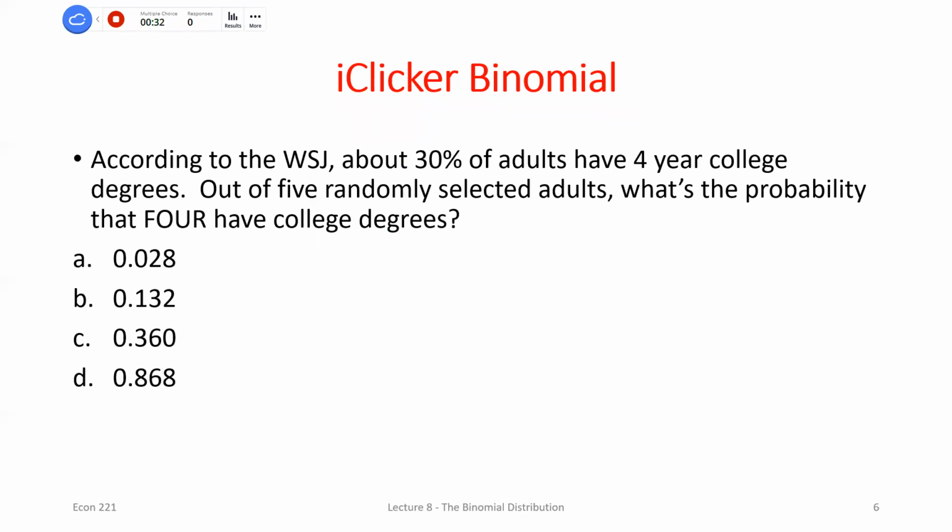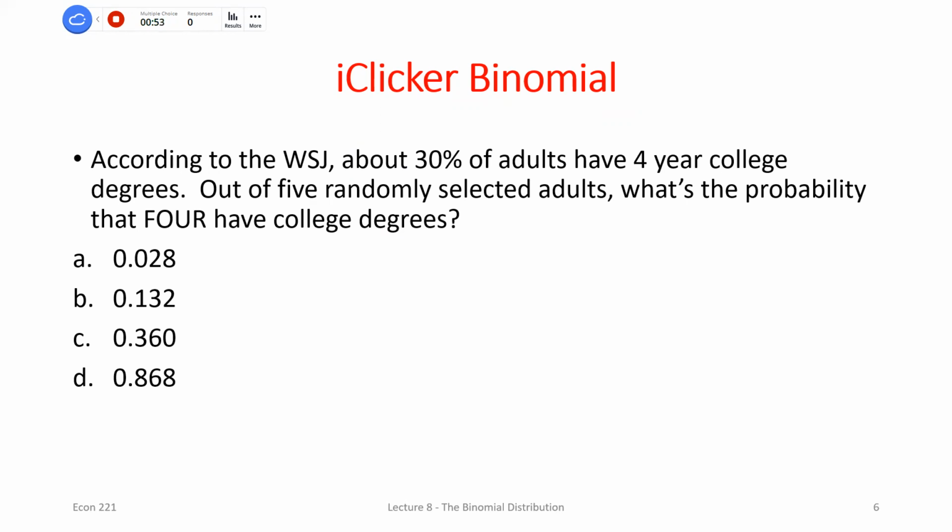Remember, what we just found, the probability that exactly 3 out of 5 had a college degree was 0.13. So what's the probability looking at these values that exactly 4 of these 5 people have a college degree?